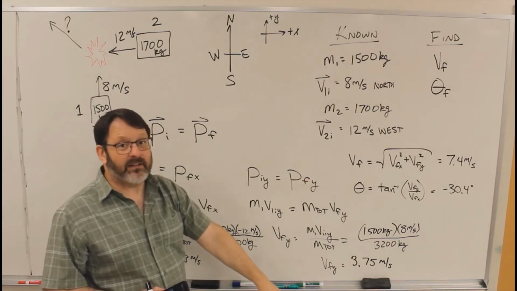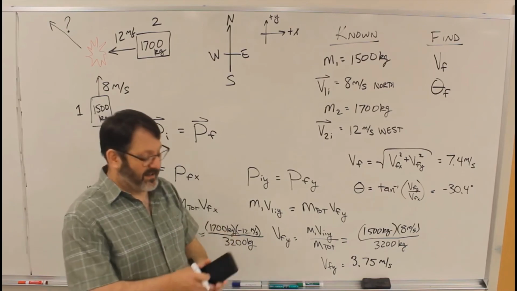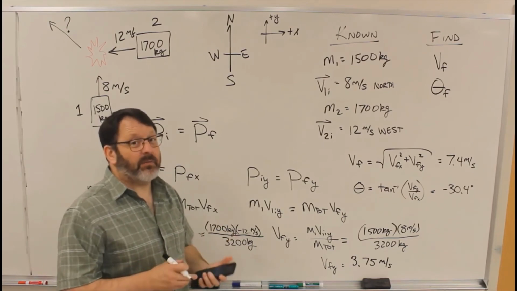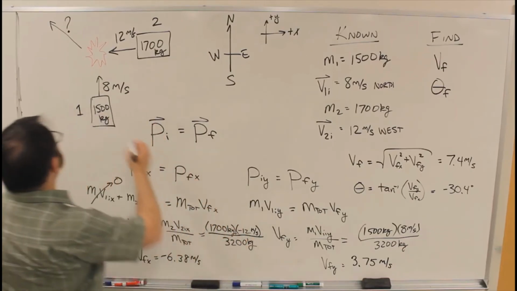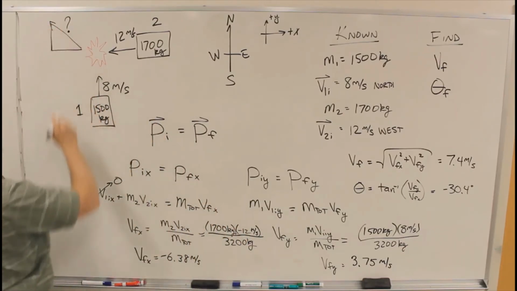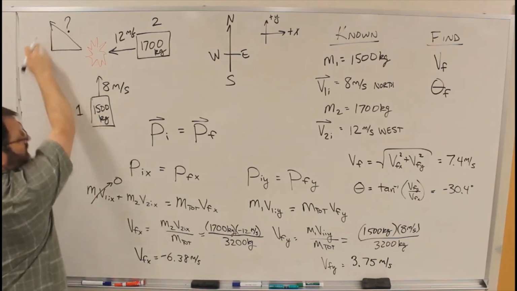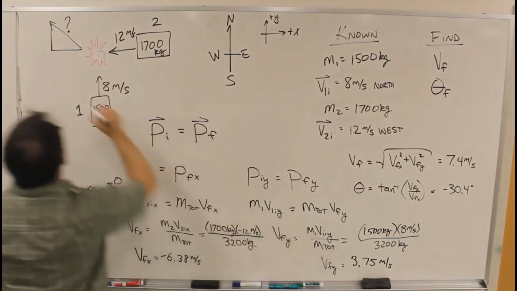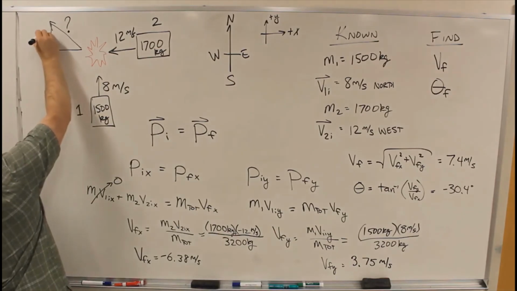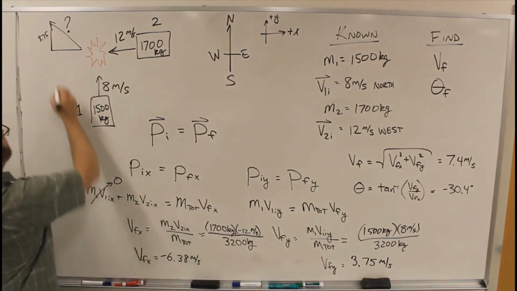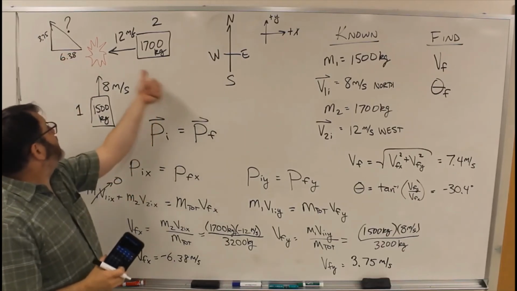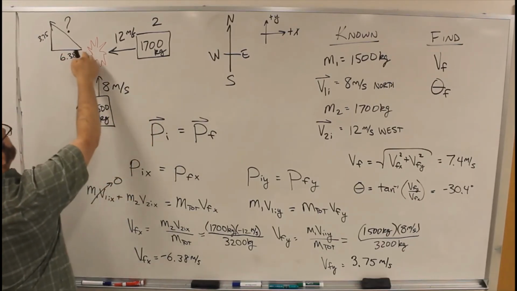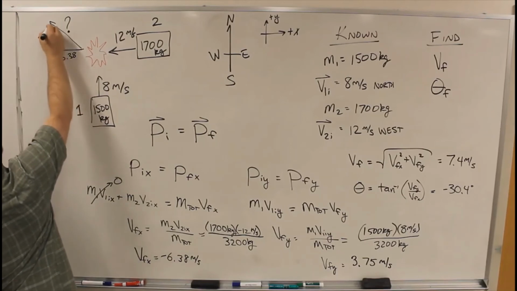That can't be right. I'm sure it's not right. That's what my calculator told me, but remember, you can't always trust what the calculator says. So the way I like to do it, I'm going to draw a triangle in here and say, okay, this one, this is the y, 3.75, this one, 6.38. It's in the negative direction, so that's shown by just the fact that it's this way.